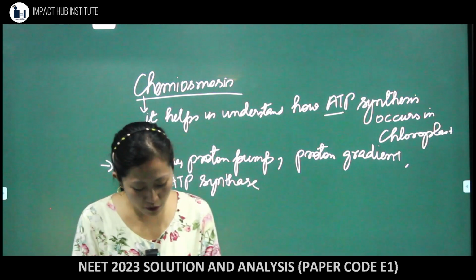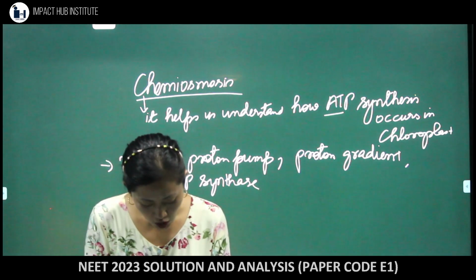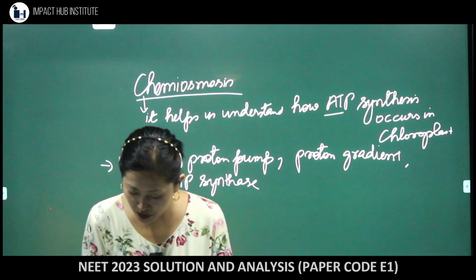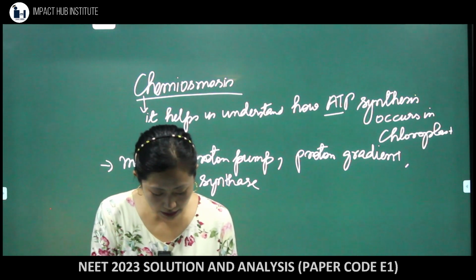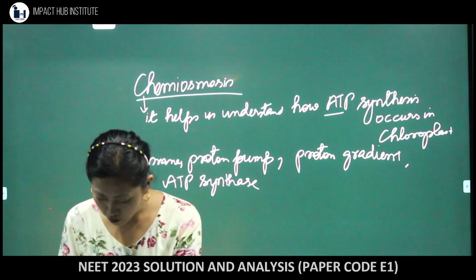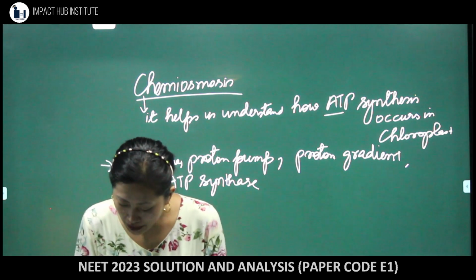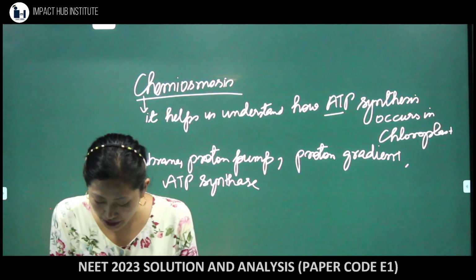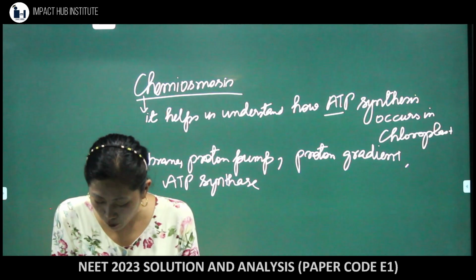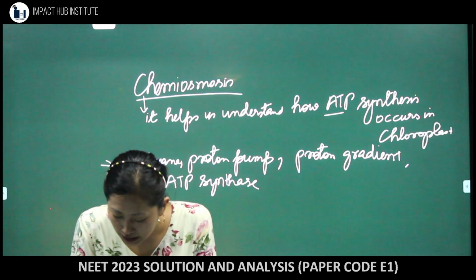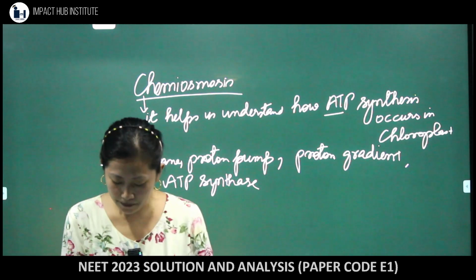So the correct answer for question number 143 will be option 1: membrane, proton pump, proton gradient, then ATP synthase. For question number 144, malonate inhibits the growth of pathogenic bacteria by inhibiting the activity of option 1. The correct answer is succinic dehydrogenase.